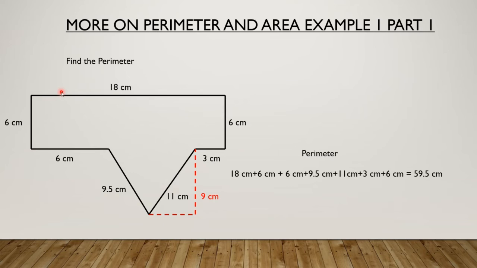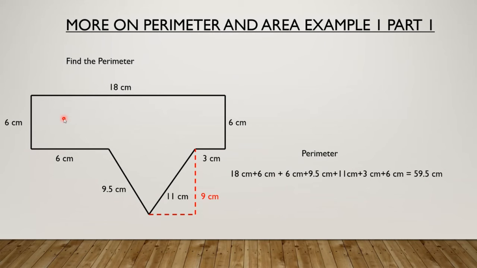To get the perimeter, you just have to add the length of each line segment that makes up the boundary. Again, the dashed lines are not part of the shape, so for now you would ignore them.